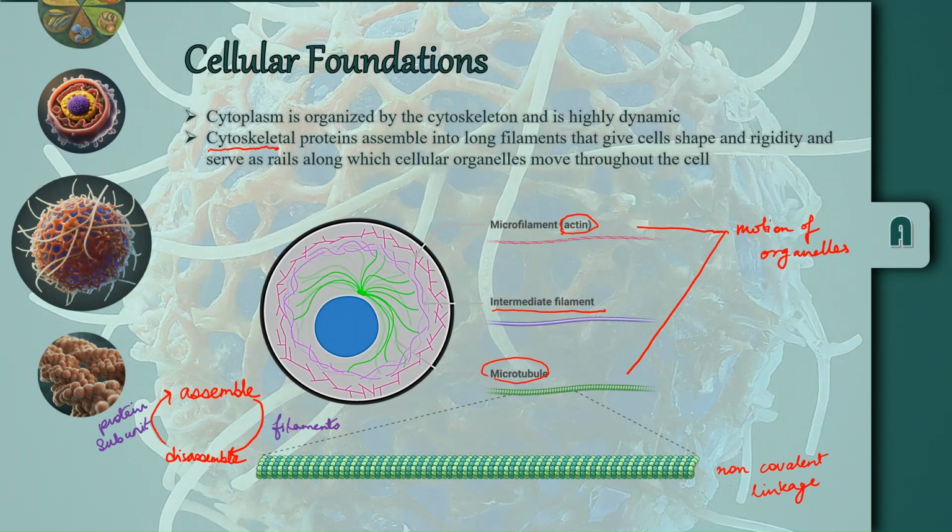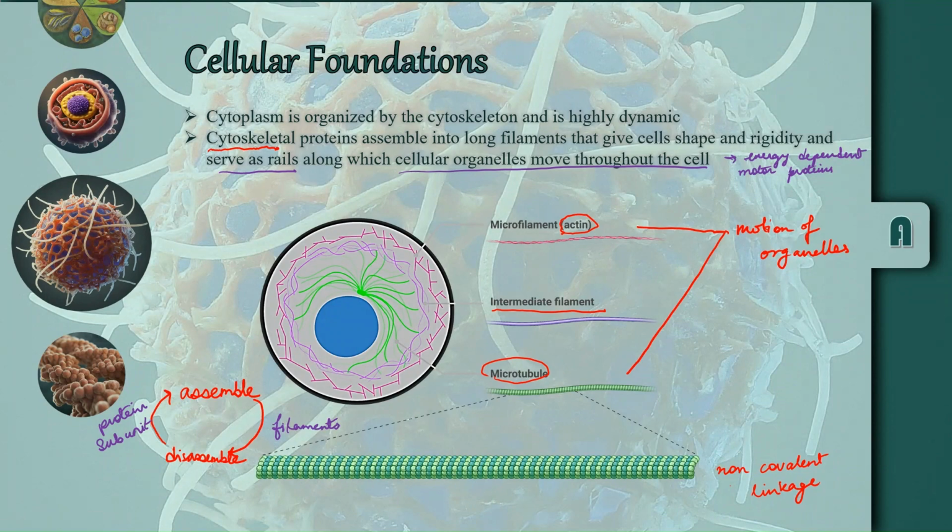The cytoskeletal proteins also serve as rails along which the cellular organelles move throughout the cell. Their motion is powered by energy-dependent motor proteins. This structural organization of the cytoplasm is far from random.